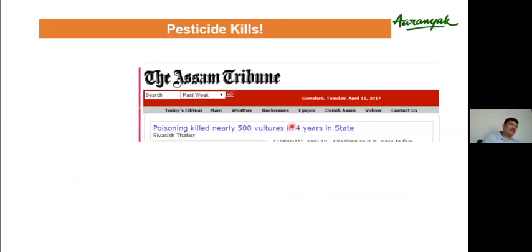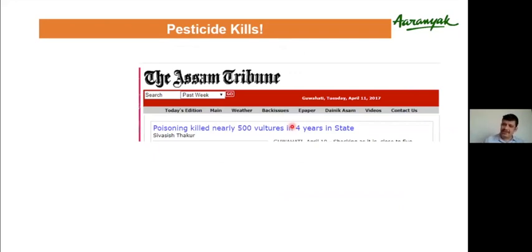So what happened after the ban of diclofenac in 2008? In 2010, a countrywide carcass survey was conducted to see how much diclofenac residue remained in dead cattle. Then they saw that the ban was effectively working in India, and 50% of the carcasses were diclofenac free in 2010.